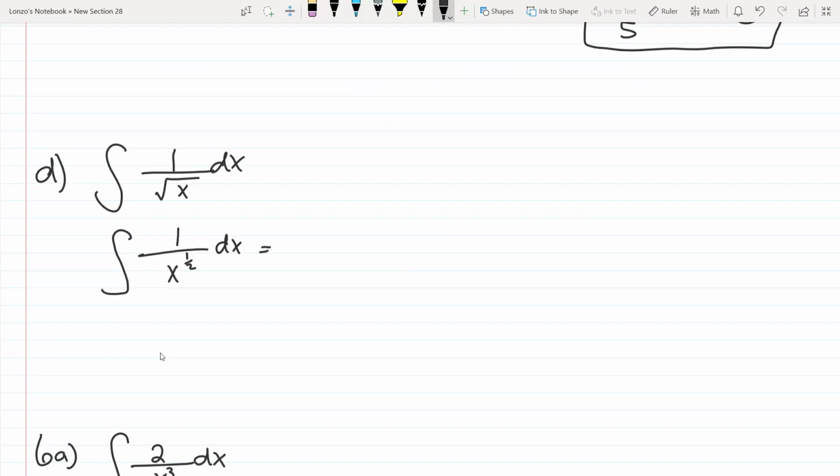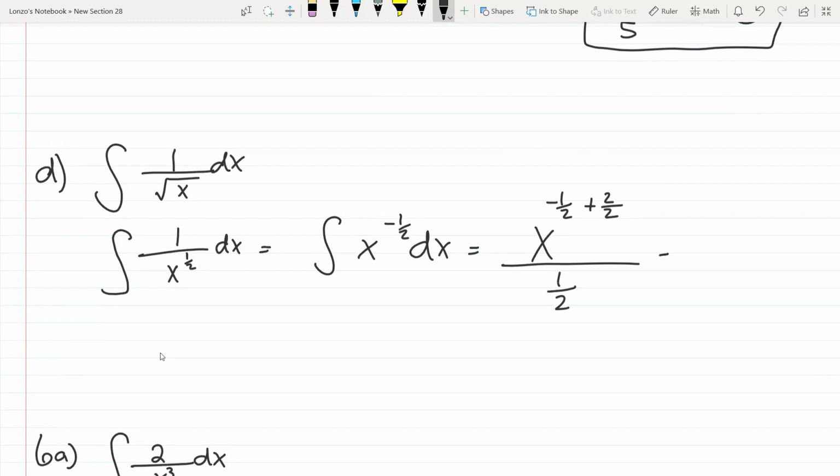So what I would do is rewrite it as a negative power. So this would be x to the -1/2 dx. So now we can take the integration using power rule. So it's going to be -1/2 plus 1, or in our case 2 over 2, so -1/2 plus 2 over 2 is 1/2, divided by 1/2.